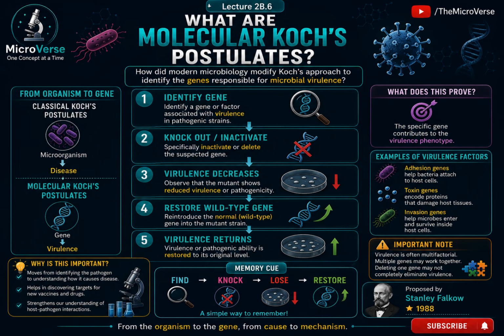So, what did the molecular Koch postulate change about the classical Koch work? They changed the question from which microorganism caused this disease to which microbial factors make this organism capable of causing disease. That shift from the organism level to the gene level was an important step towards modern molecular microbiology.